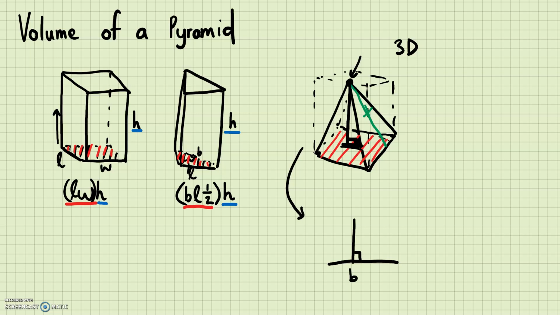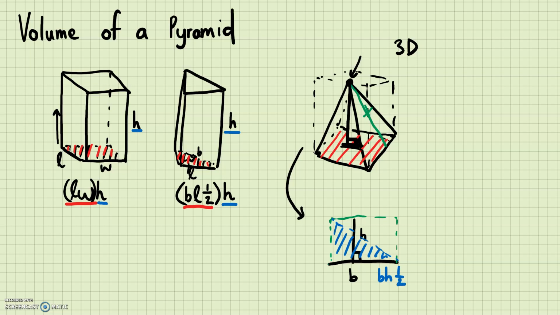If you just multiply the base times the height, you're going to get a rectangle like this. But if you divide this by 2, you're going to get the area of a triangle, something like this. So that's why the formula for the triangle was base times height times 1/2.